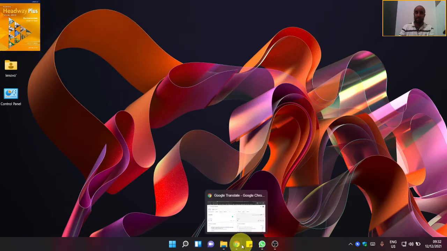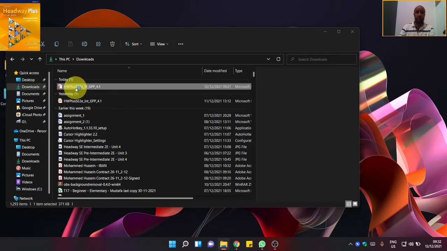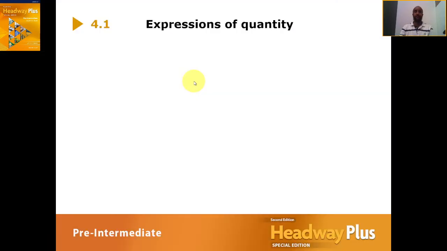Let's go back to the presentation tool, which is this one here. Now, when thinking about the use of quantity, if you remember, we're quantifying what? We're quantifying nouns. Nouns come in two flavors.